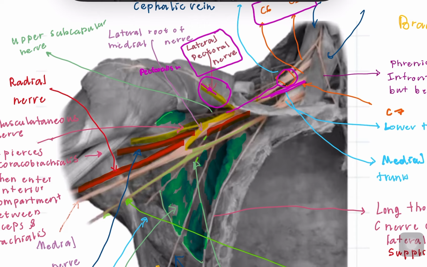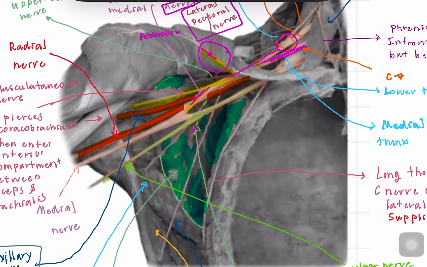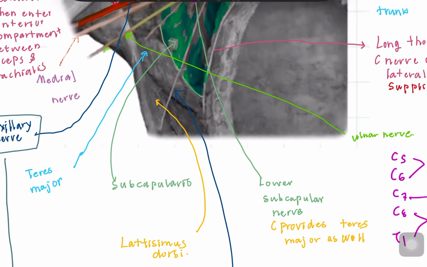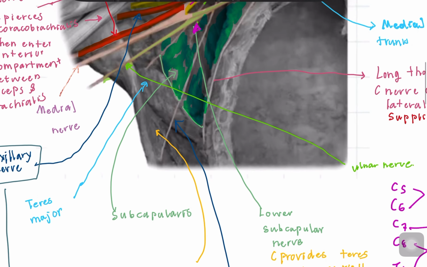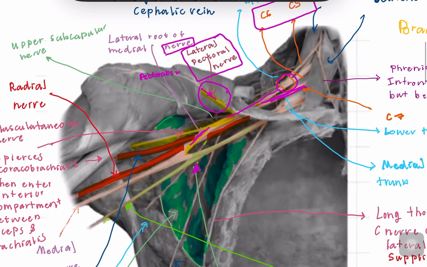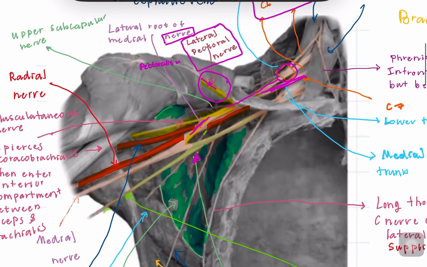And then the lateral root of the median nerve is here, and it joins with the medial root of the medial cord to form the median nerve.